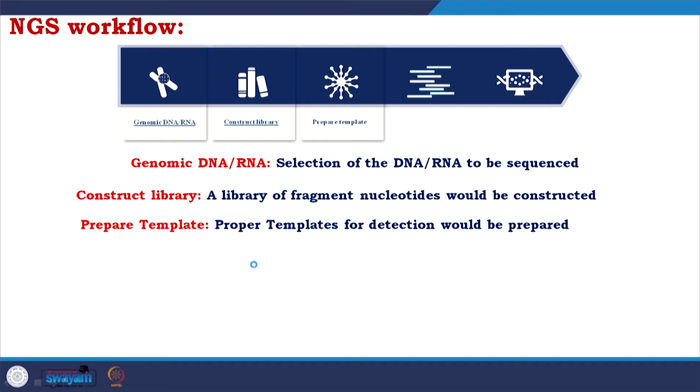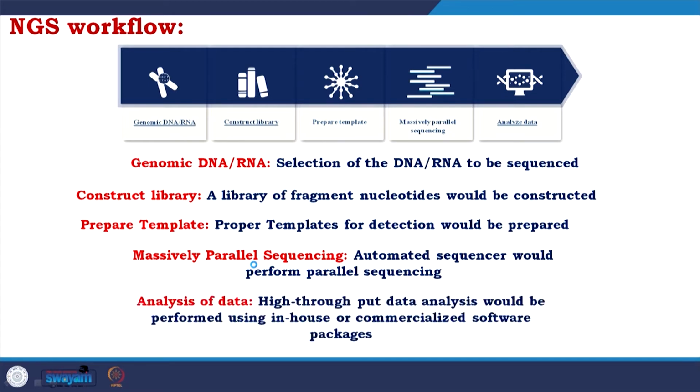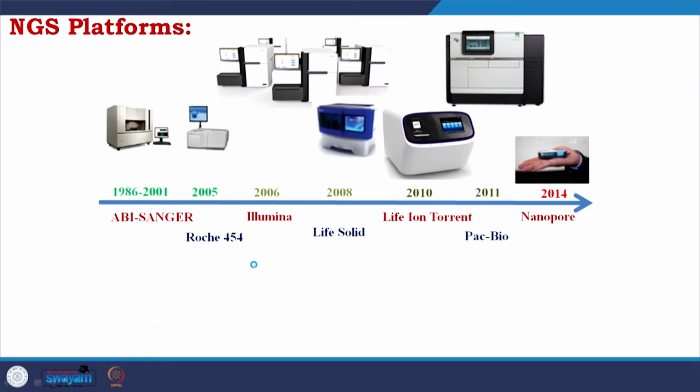Then you prepare a proper template for detection, like you are breaking the genome into several fragments, and you have to reassemble them after the sequencing. Then, as I told, massively parallel sequencing with an automated sequencer, and at the end you have to analyze. High throughput data analysis should be performed using either in-house software, if you have it, or commercialized software packages.